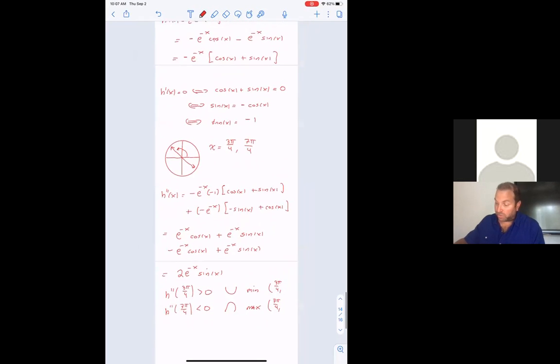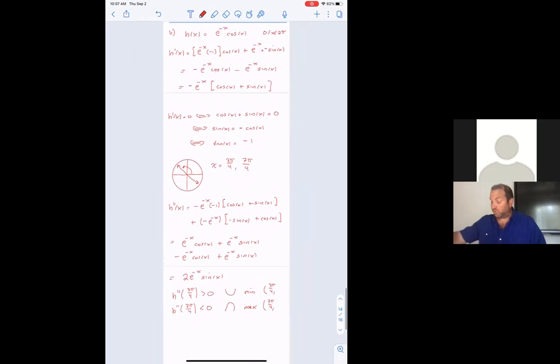What are those somethings? Well, we have to plug it into the original problem. So 3 pi over 4 is about 2.35, 2.36. So e to the power of negative that number times cosine of that number gives us 0.0947.